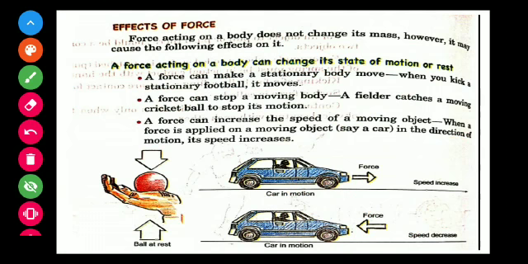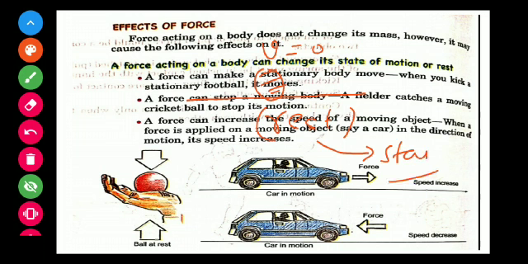For example, this is your football and the velocity of this football is 0. That is, the football is in a rest or stationary position. When we apply a force on the football, there is motion.